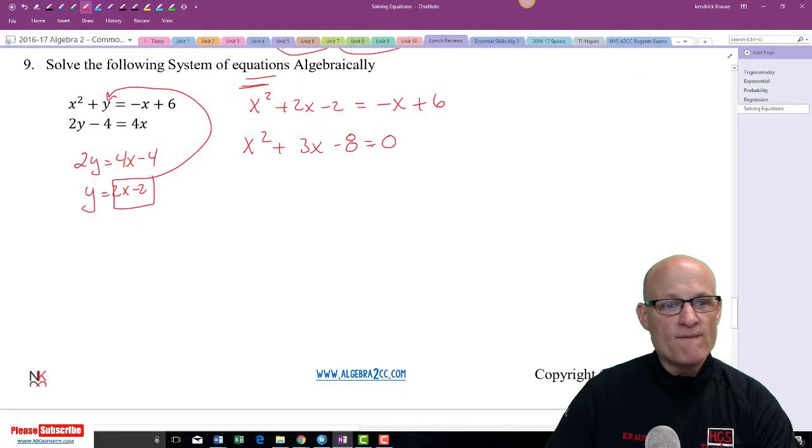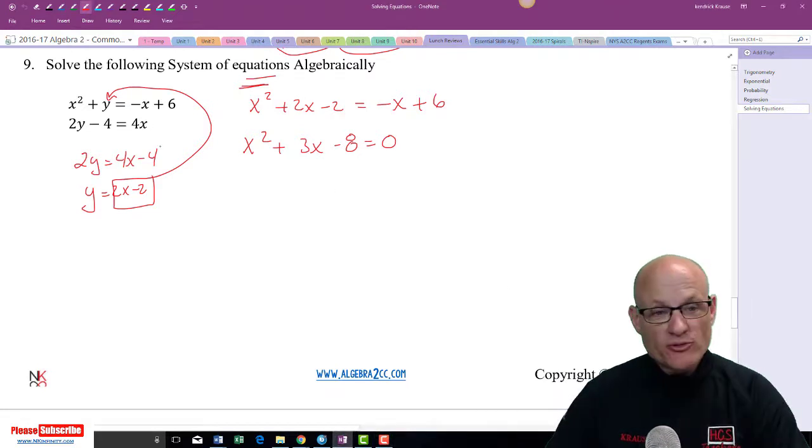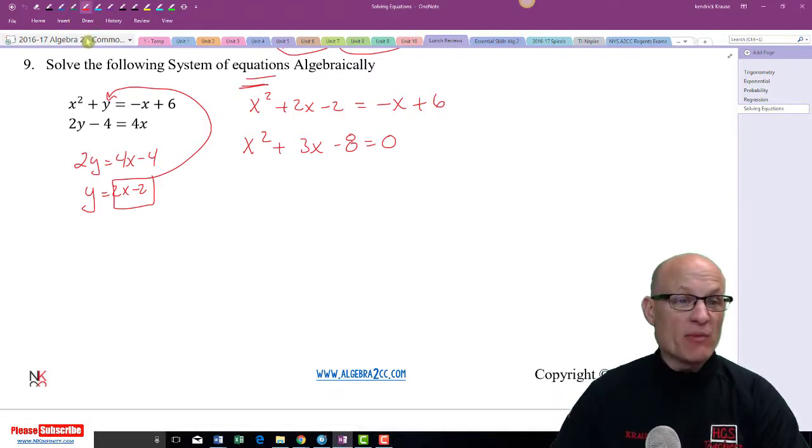Something is amiss. Wow, it took me a couple minutes to find my mistake, and my mistake was I skipped steps. I should have added 4. Sometimes it's hard to find your mistakes.